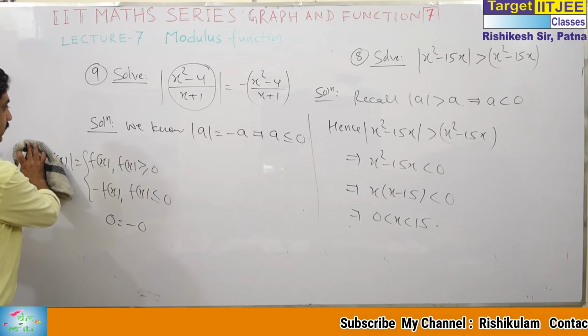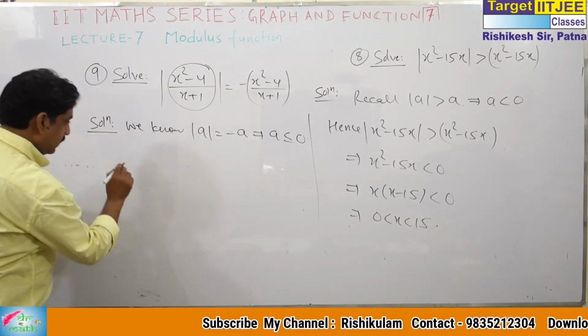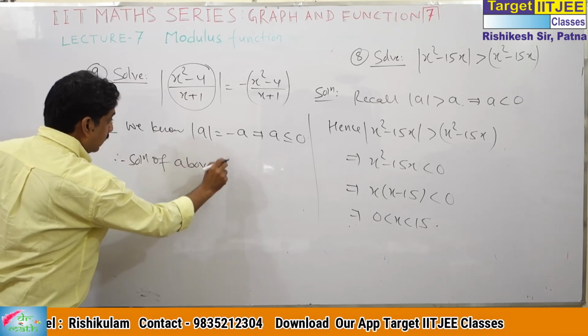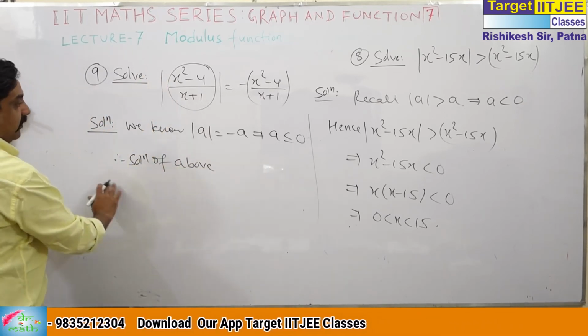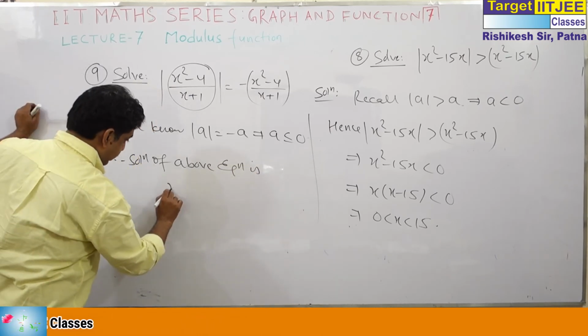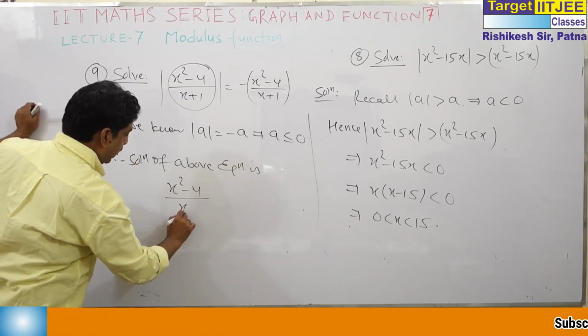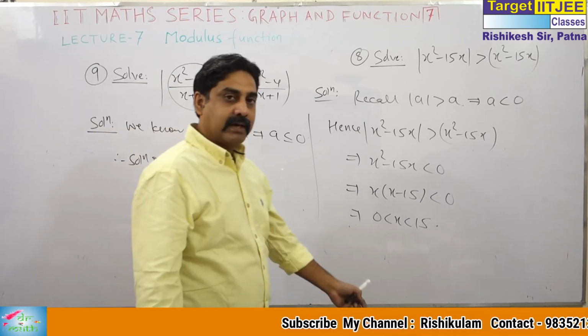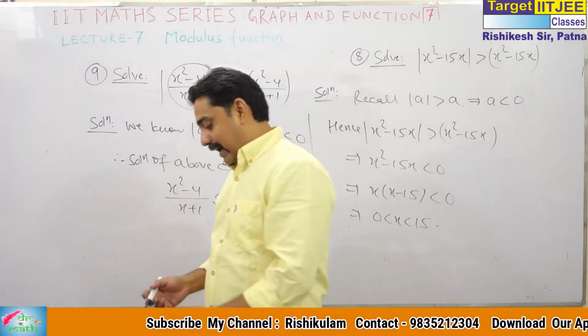So the solution of our equation is (x² − 4)/(x + 1) ≤ 0. Now I have to draw the sign scheme only.